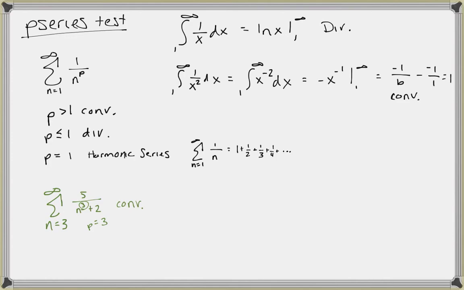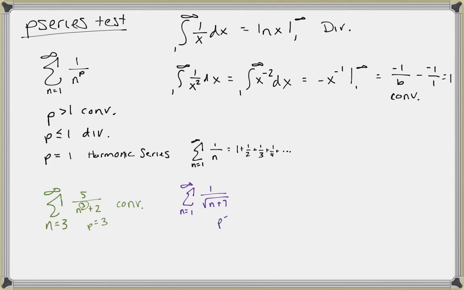Or another example, if we had a series, and we'll just start this one at 1, of 1 over the square root of n plus 7. In the end, it doesn't really matter that we're adding 7. That won't make a big difference when we're thinking about infinite values. And so we have a square root of n. Well, a square root is like a power of 1/2.